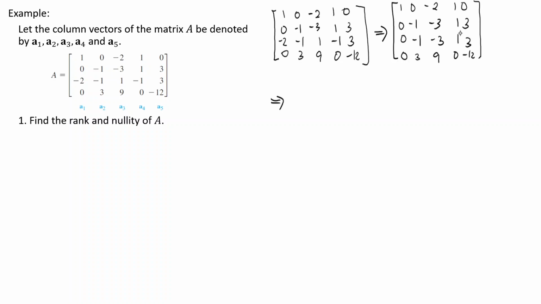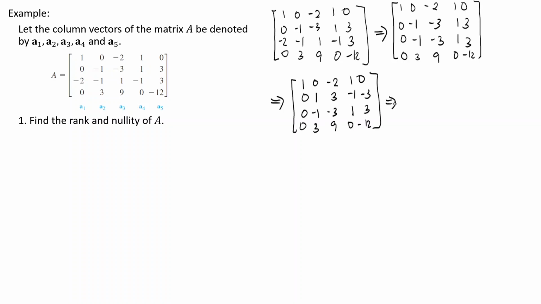We can make this positive 1 here, so that we will have a leading 1 on the second row. So we multiply by -1, so that's 0, 1, 3, 0, -1, -3, and then 1, 3, 0, 3, 9, 0, -12. Okay, and then continue.